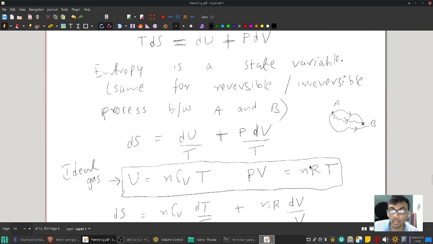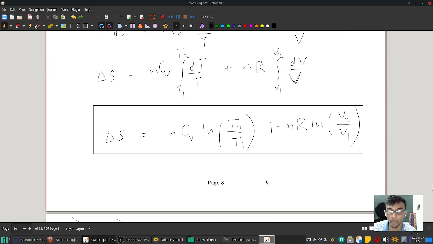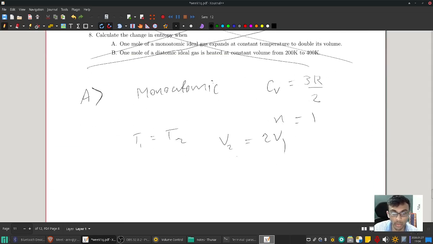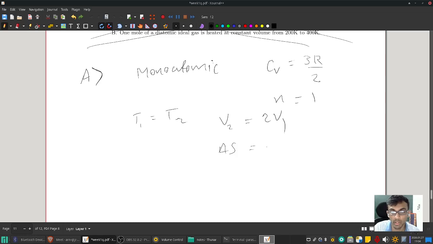It expands at constant temperature to double the volume. So T1 is T2 and V2 is 2V1. So delta S would be R ln 2.